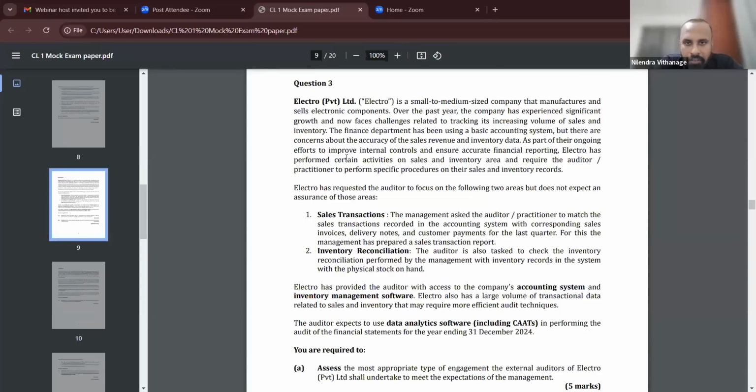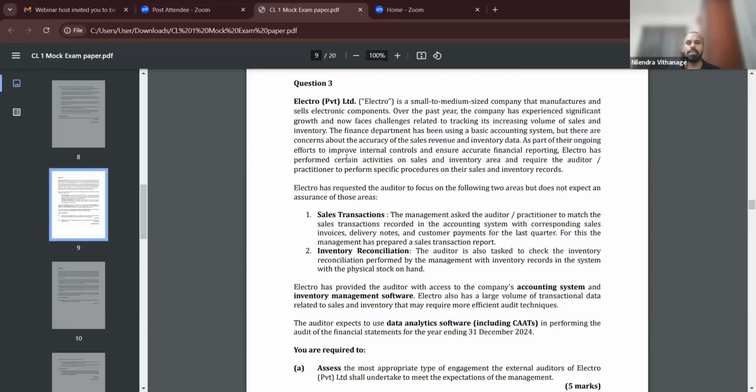Electro has requested the auditor to focus on the following two areas, but does not expect an assurance on those. No assurance requested, only procedures to perform. Without reading anything, what is the engagement that you have to do?